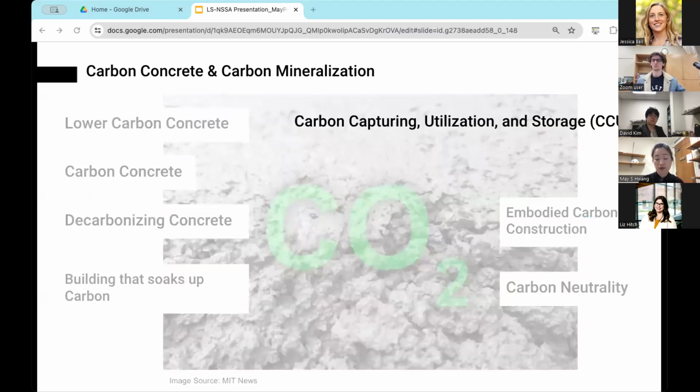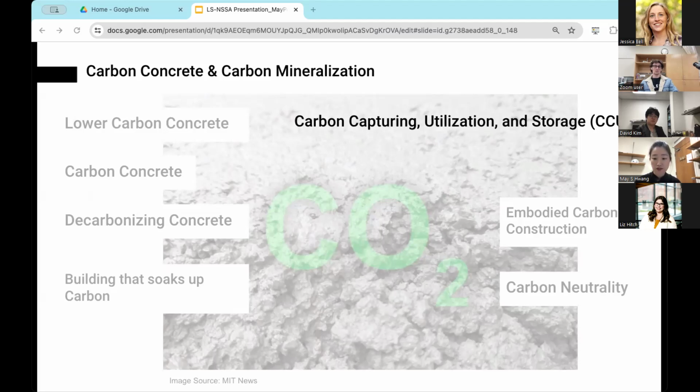So carbon mineralization is a method of carbon capture, utilization, and storage, often abbreviated as CCUS. Carbon dioxide is injected into fresh concrete while it's being mixed. And when it's being injected, a chemical reaction takes place between calcium oxide in the cement and the carbon dioxide.